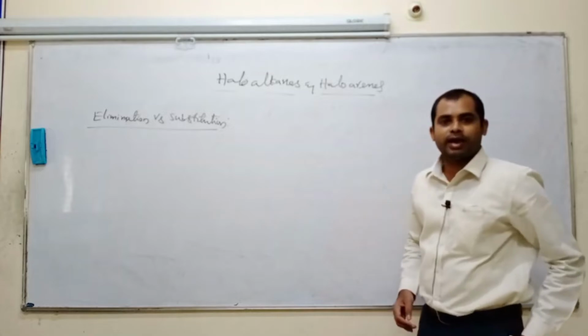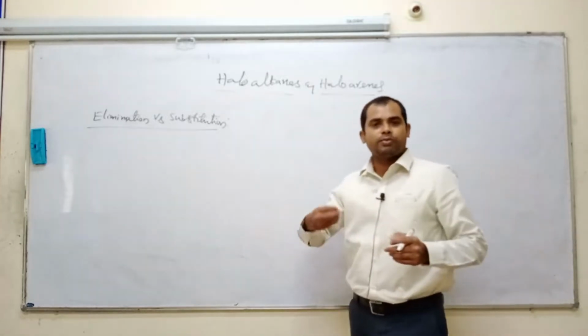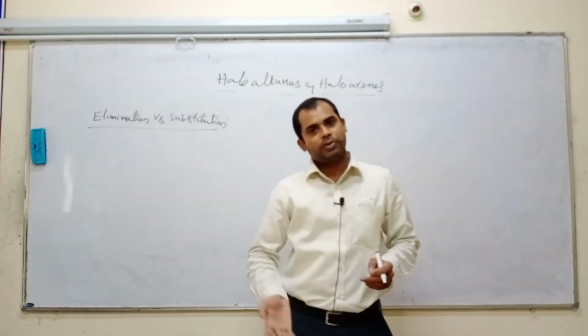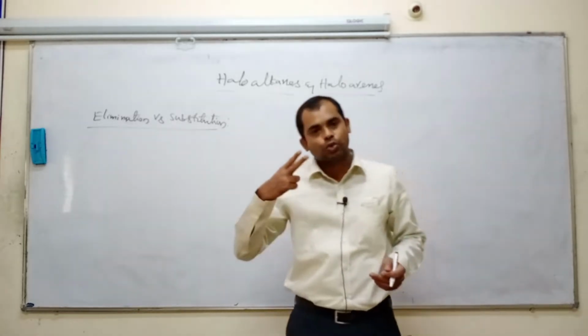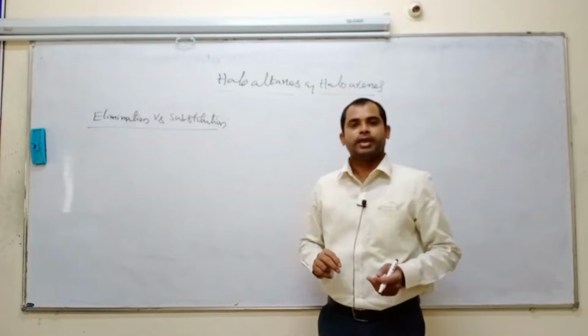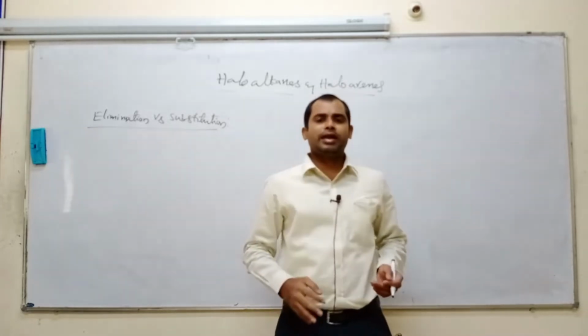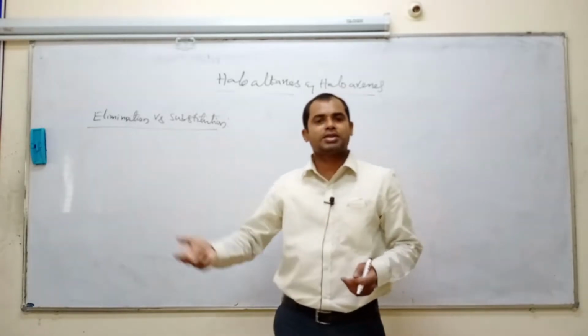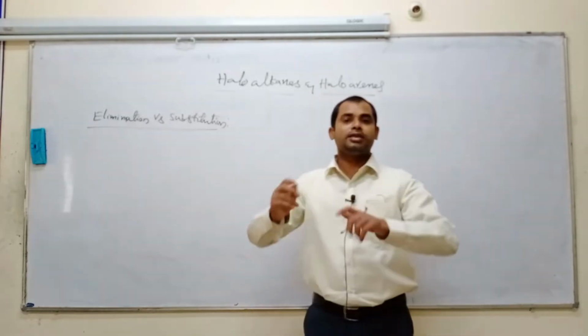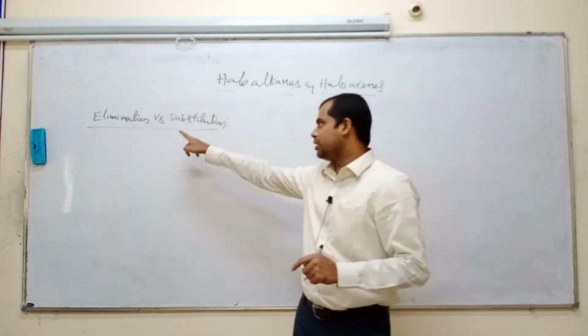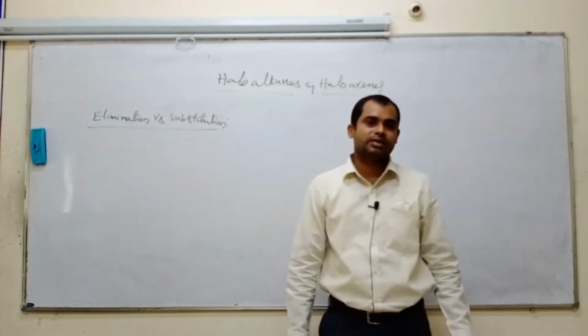Generally, any alkyl halides which have a beta hydrogen atom react with base or nucleophile. So they have two competing routes. Generally, for any alkyl halide with beta hydrogen atom, how to decide which undergoes elimination and which undergoes substitution? Here there is a competition between elimination reactions and substitution reactions.